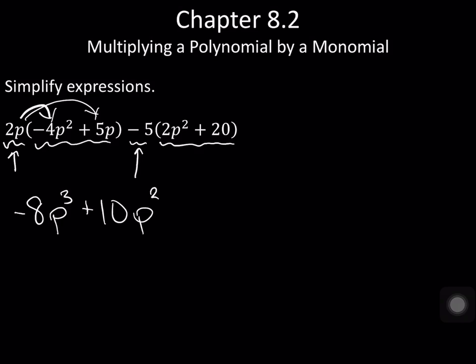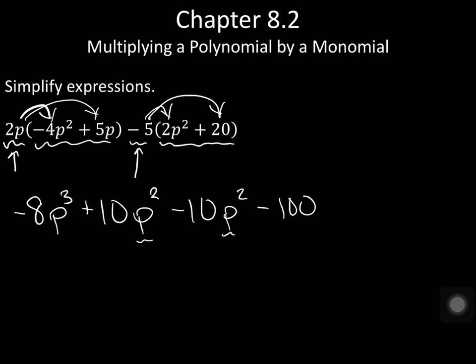So let's move on here, and let's take the negative 5 and let's distribute it. So negative 5 times 2p squared would be negative 10p squared. And negative 5 times 20 would be negative 100. Okay. If there are terms the same, p squared, p squared, then they can be combined.